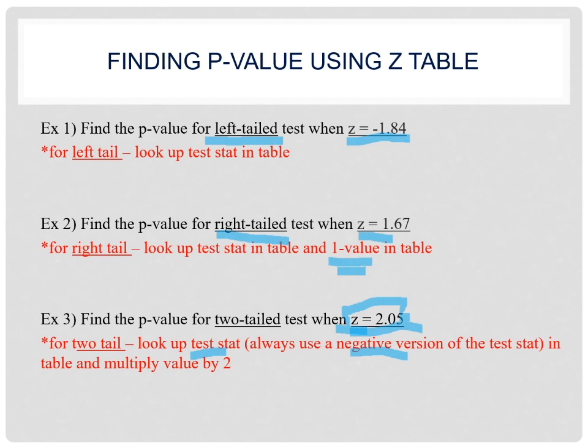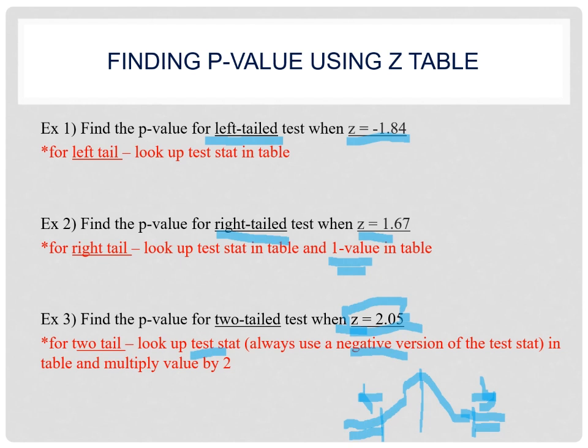I don't exactly have something to show you on the board, so I'll try to show you as best I can. If you remember, the normal distribution is symmetrical. So the probability of being in this corner is the same as being in this corner. Because the distribution is symmetrical, you're getting the same probability in both corners, one from the negative value over here as you would from the positive side.